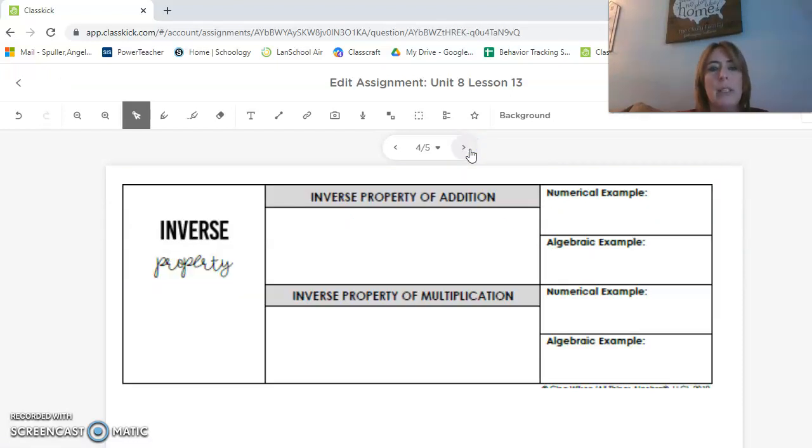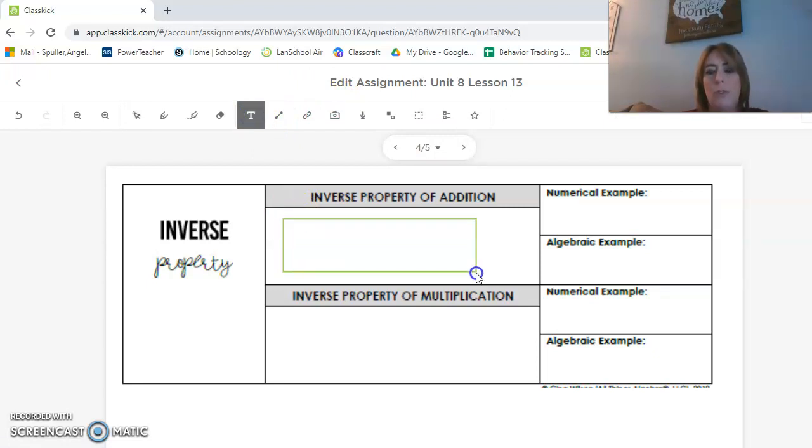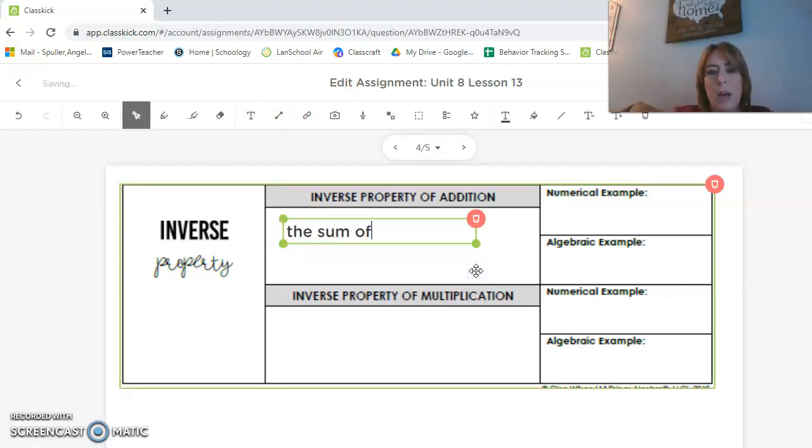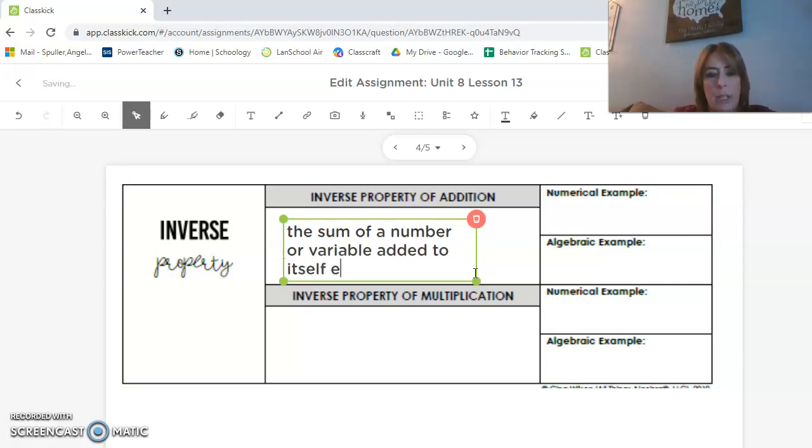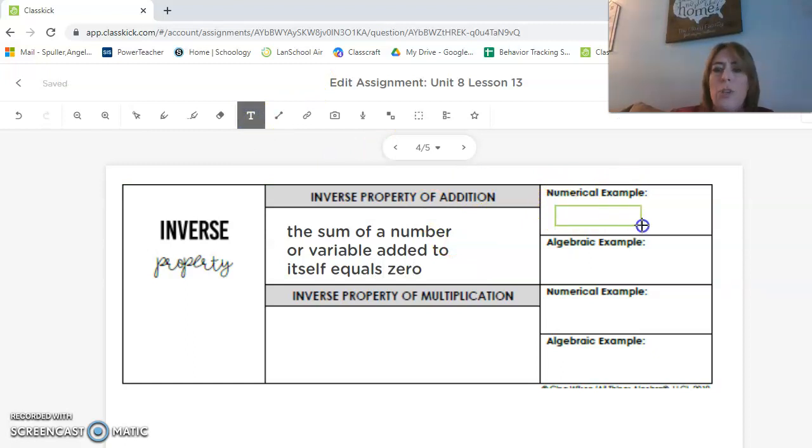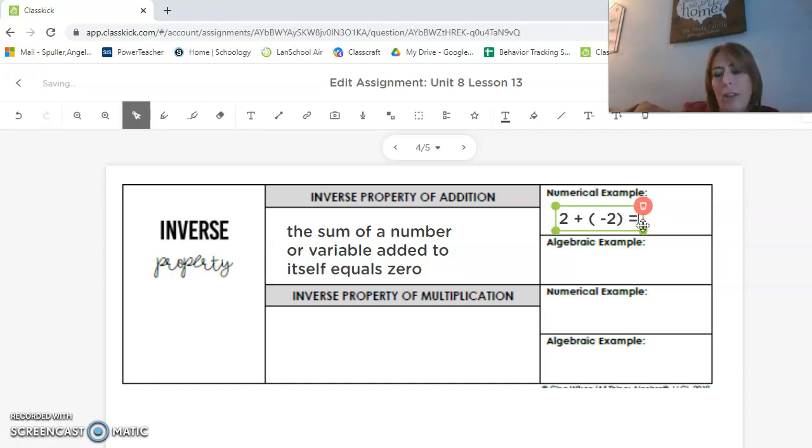And then the last one is the inverse or the opposite. So the sum of a number or variable added to its opposite equals 0. Here's what I mean. So if I have $2 and I add -2, so I add the debt that I have.